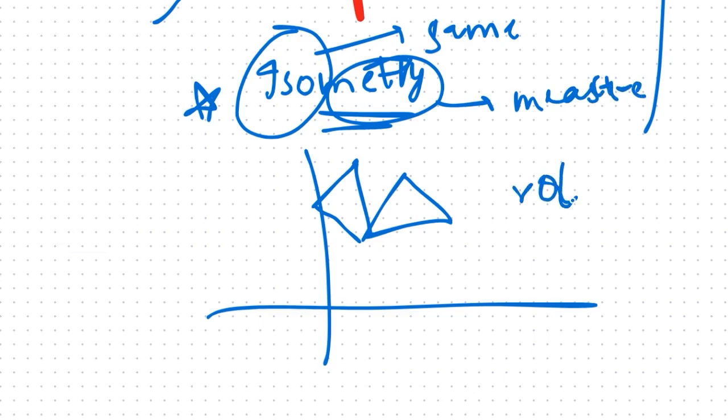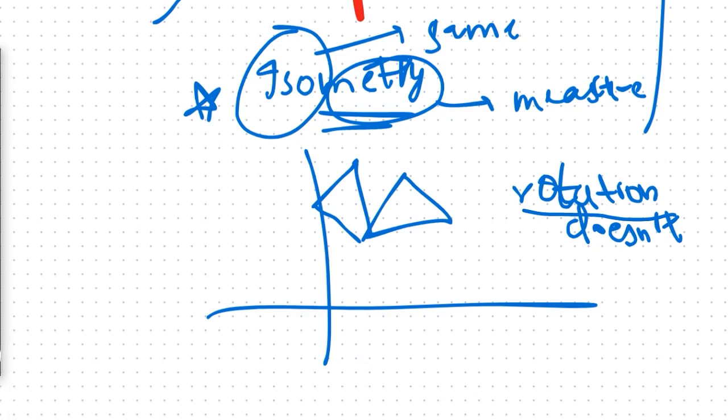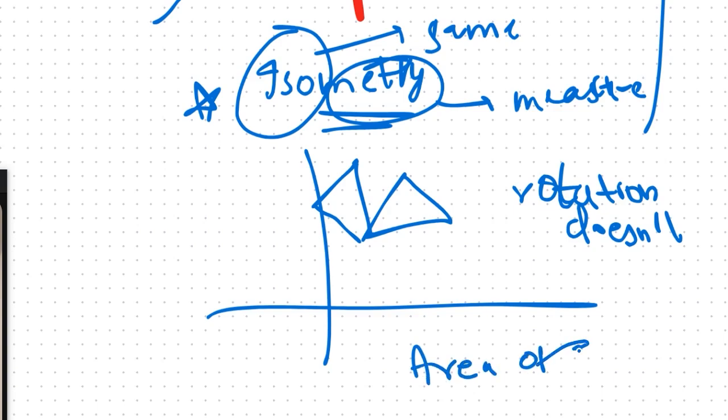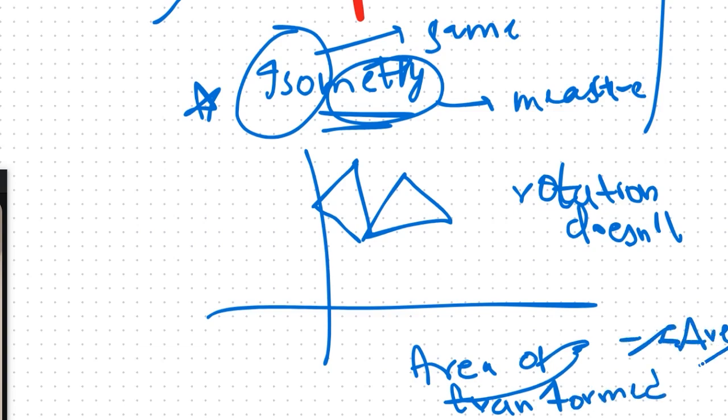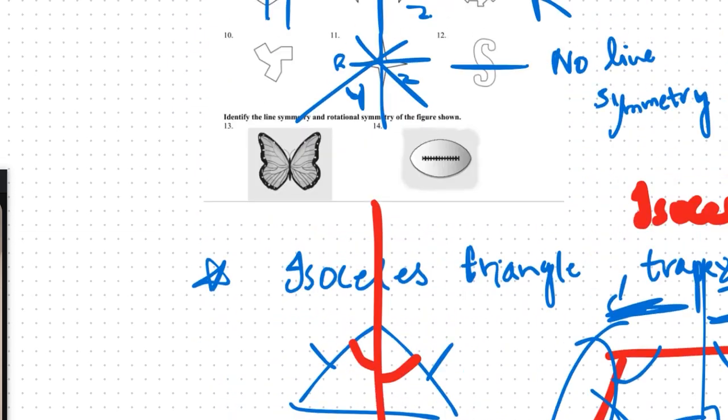So rotation does not affect it. Isometry means the area of the second figure is equal to the area of the first figure. The area of the transformed image is equal to the area of the object. This is what it means by isometry.